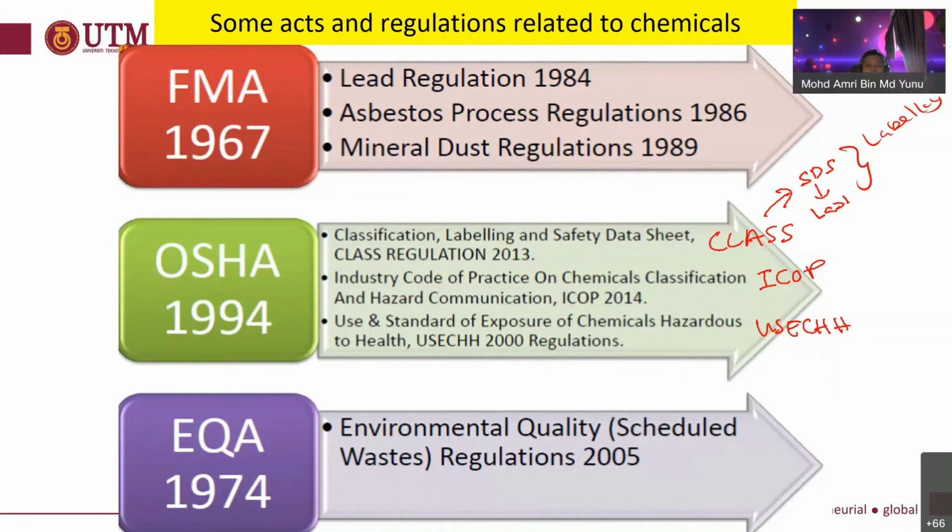And they also have ICOP, the code of practice, and this one USECHH, okay, it covers exposure limits. Like I mentioned, there are two tables, table 1 and table 2, depending on where the chemical is on the table.